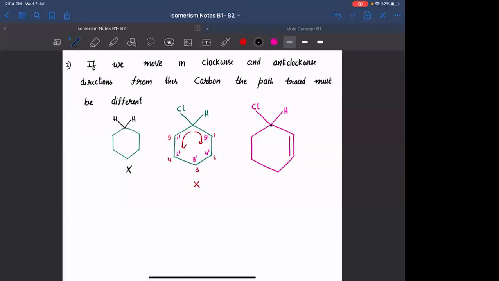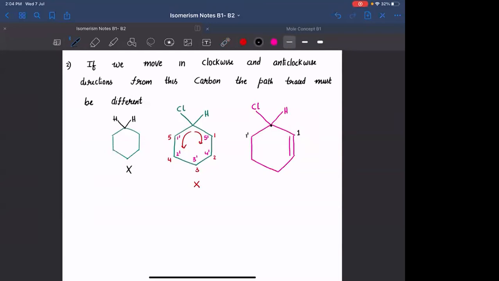Is this particular carbon attached to two different groups which are not part of the ring? Yes. Okay. The clockwise path and anti-clockwise path, are they same or different? Clockwise में आप लोग को on the first carbon, if I'm numbering this, on the first carbon you are having a double bond.